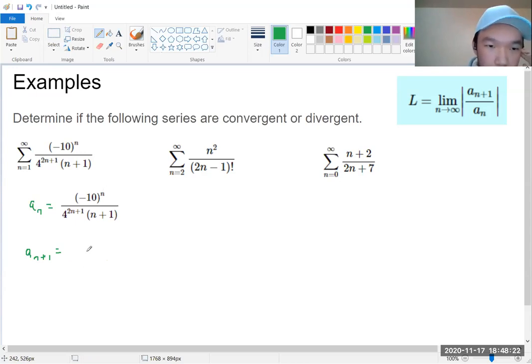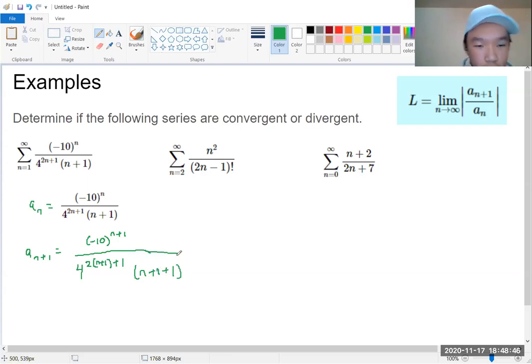So I'm going to have to manually write this. So this is negative 10 to the n plus 1 over 4 to the 2 times n plus 1 plus 1, times n plus 1 plus 1. Okay, so that's a sub n plus 1.